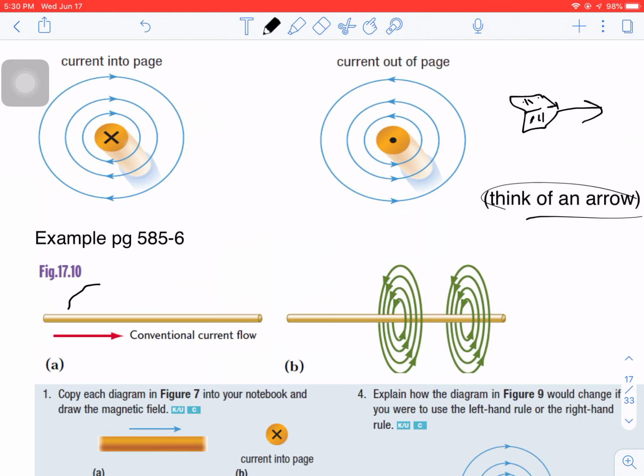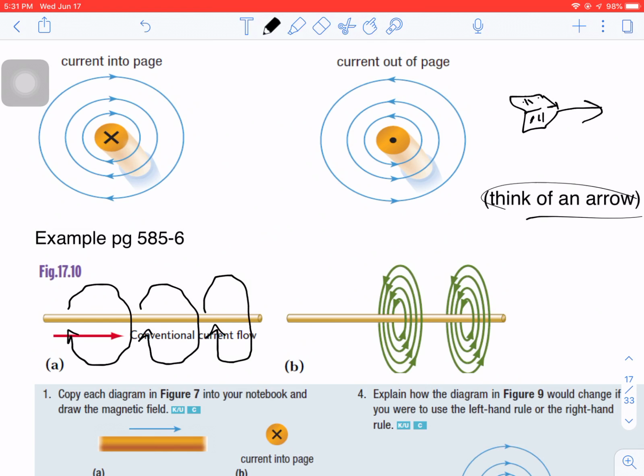They're coming from the bottom and disappearing back under the bottom. So there's my direction for the magnetic field here. Again, my right hand is going under the wire with my thumb pointing to the right, and that's showing me that the direction for the field is up and over top of the wire.